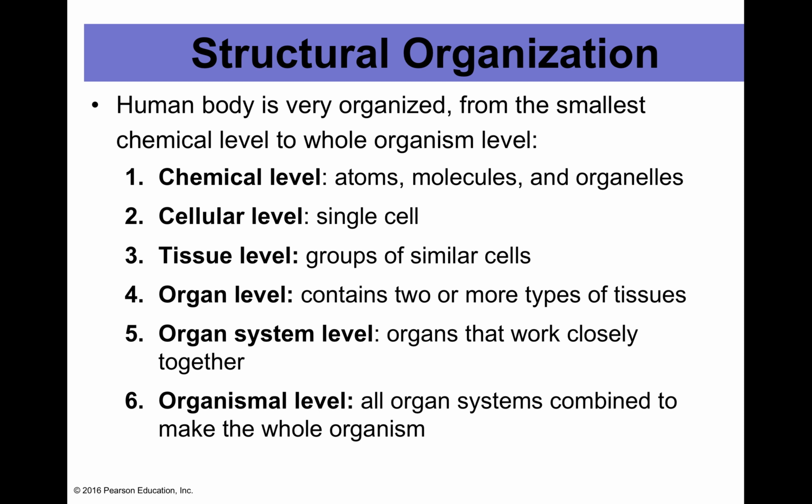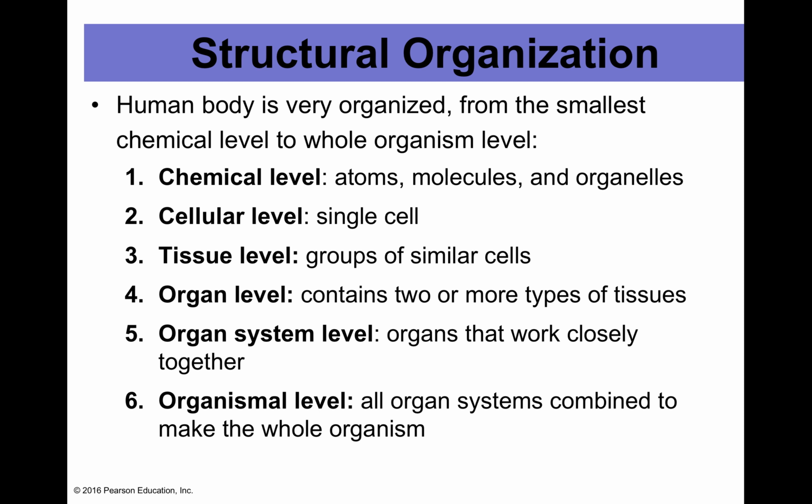And as the word chemical implies, we're talking about the smallest amount at the level of chemistry. So atoms, molecules, and in some cases, if we combine atoms and molecules together, we get something called organelles. These are really small, not visible with the naked eye. And again, this is at the chemical level.